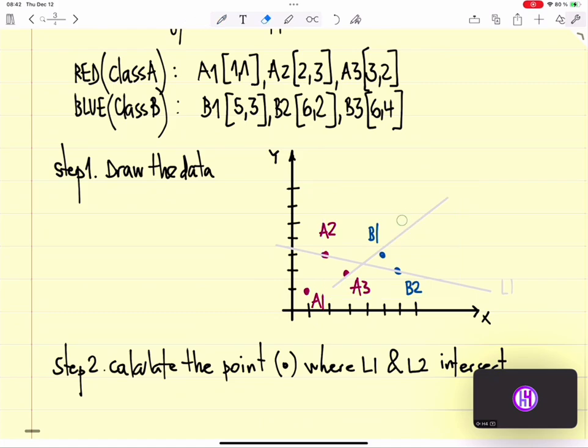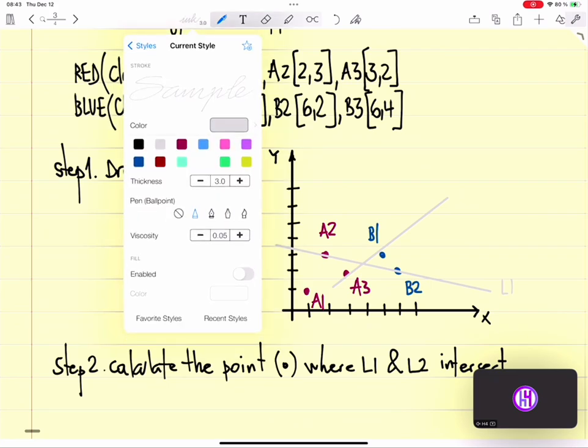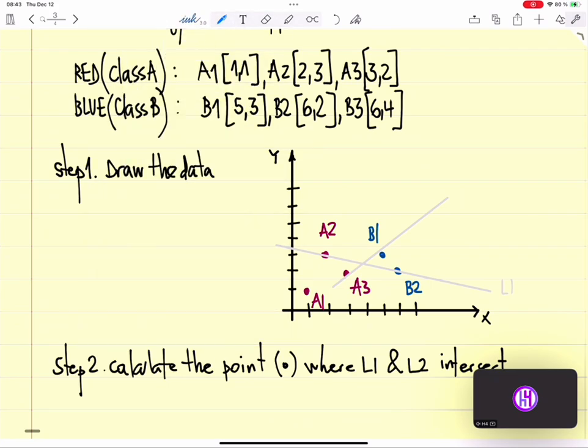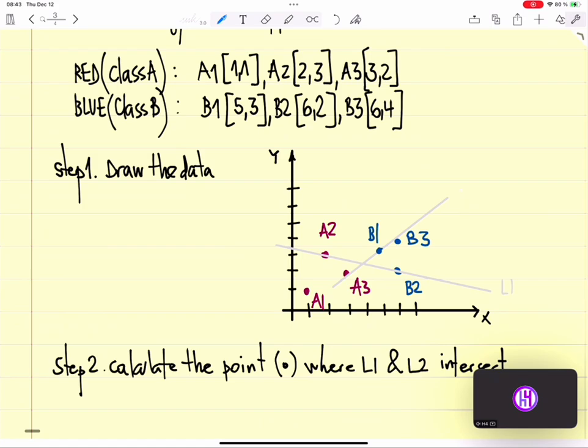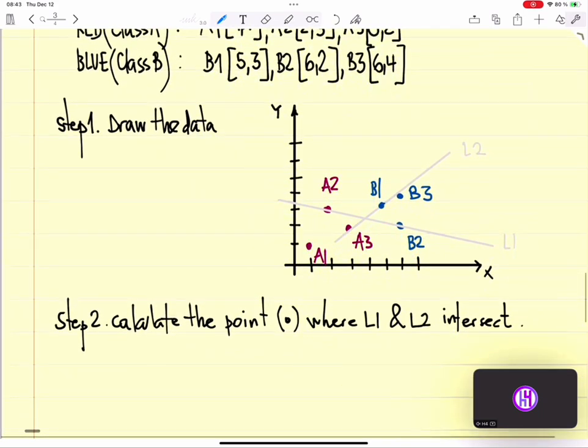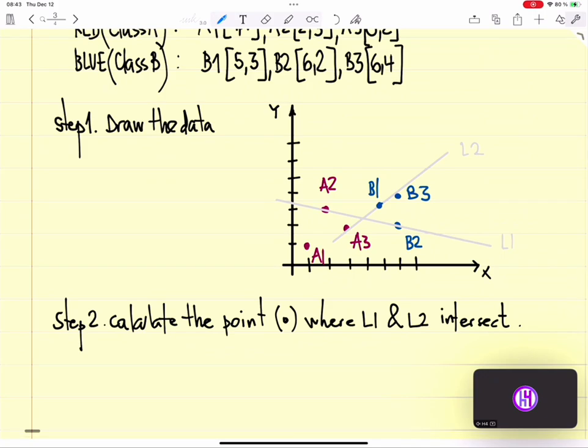B3 should be a little bit lower. So B3 is around here. It should be B1, the one we're talking about. So let's paint it here. So this is L2. Now please pay attention, okay? I'll do it slowly, but you need to pay attention.